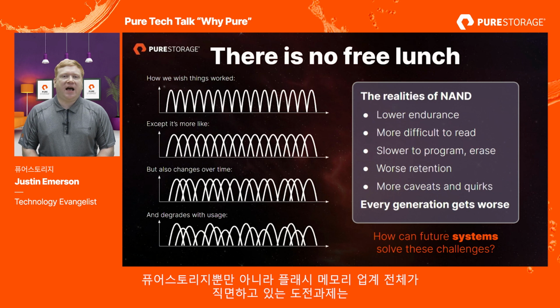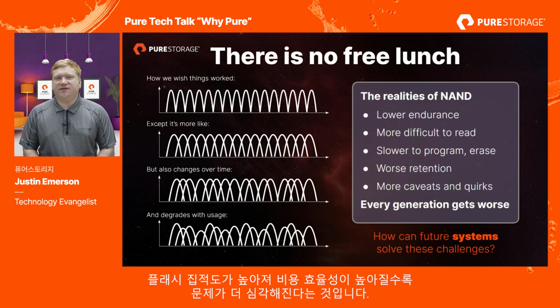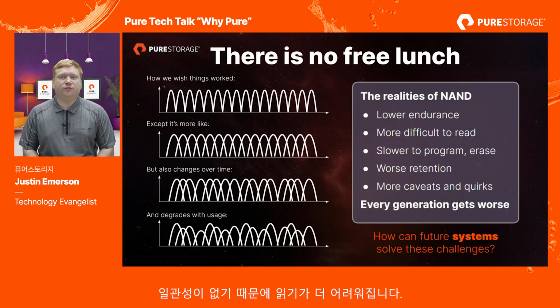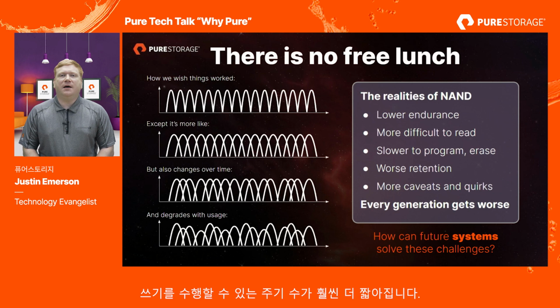And so the challenge that flash memory faces, not just from Pure, but for the entire industry, is that as flash gets denser and thus more cost effective, it actually gets worse. It has lower endurance, it becomes more difficult to read, it becomes more inconsistent, it becomes much slower to program or to write data, and it has a much shorter number of cycles to which you can write it.